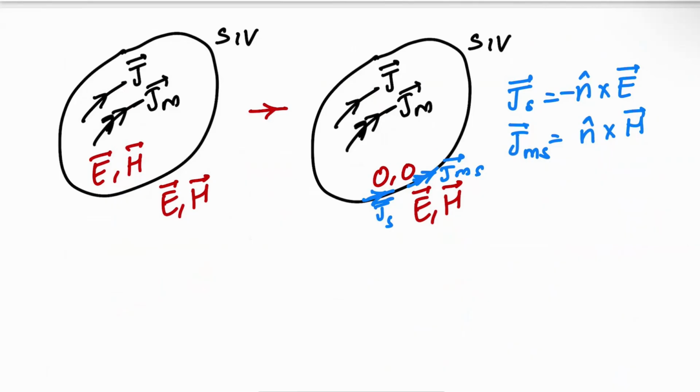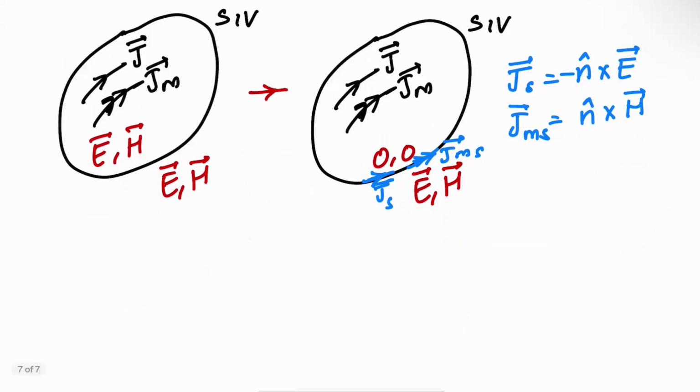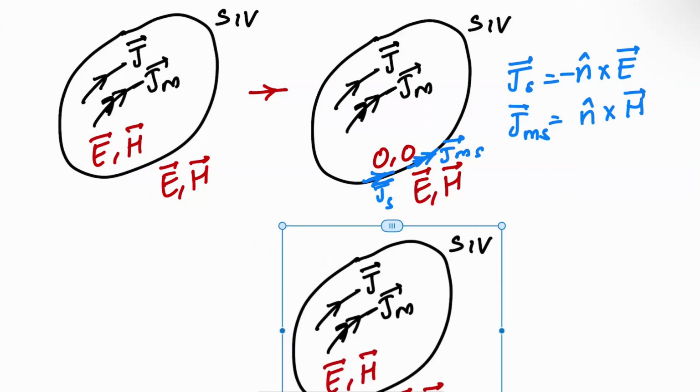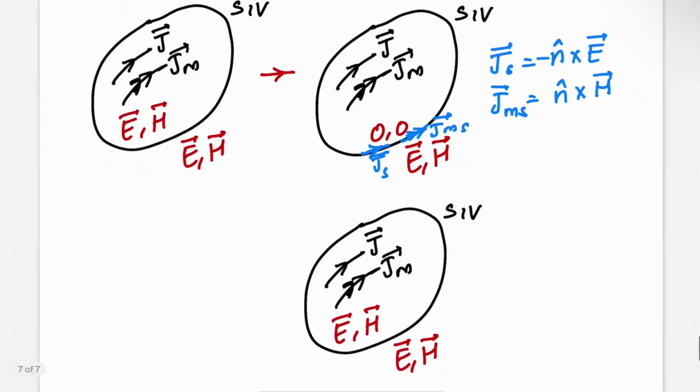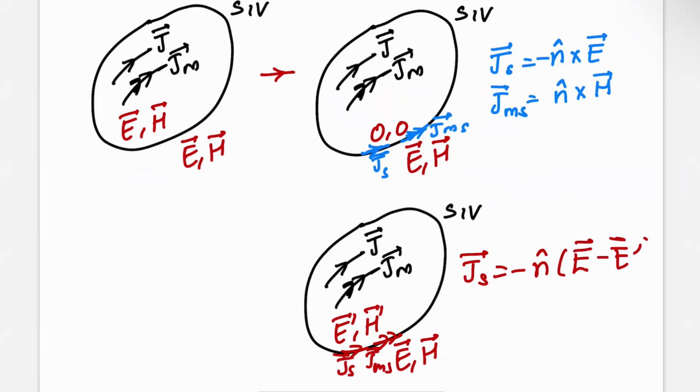And of course, the choice of making the fields inside 0 is arbitrary. You can make it anything you like. So for example, I can place another copy. I can make the fields inside E prime and H prime, and then I place currents Js and Jms, where Js is minus n hat cross E minus E prime, and Jms is equal to n hat cross H minus H prime.